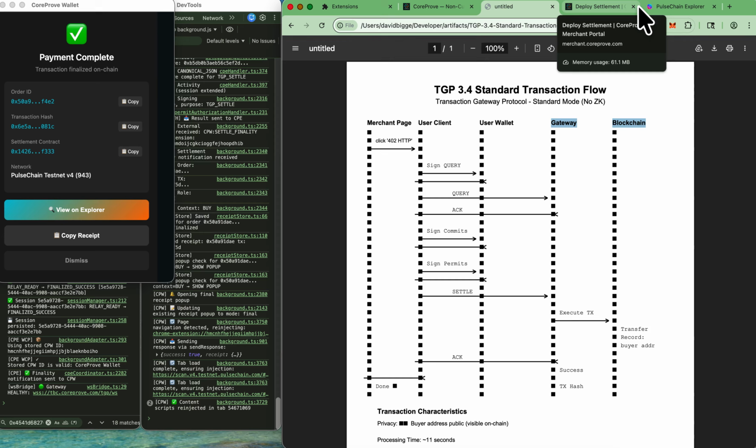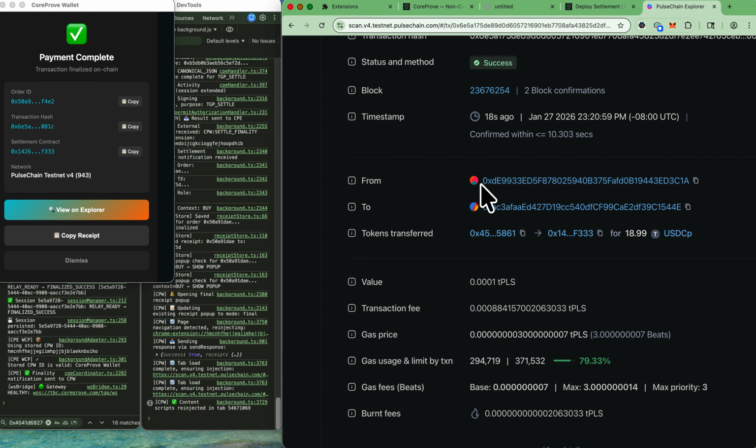And here we have the first address, which is the gateway address, which is the transaction border controller, and then another address, which is the gas station address, so the gas relay address. These two addresses are handling the signaling and the permits before any funds are moved. But these are the two actors of the transaction, where the transactions are signaled to and from. But again, notice neither one of these are the user or the merchant's wallet address, keeping the merchant and the user's information confidential.